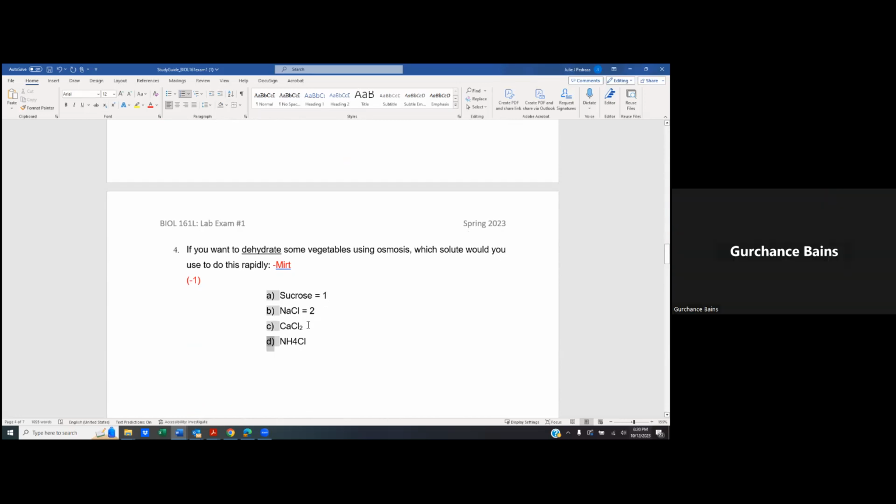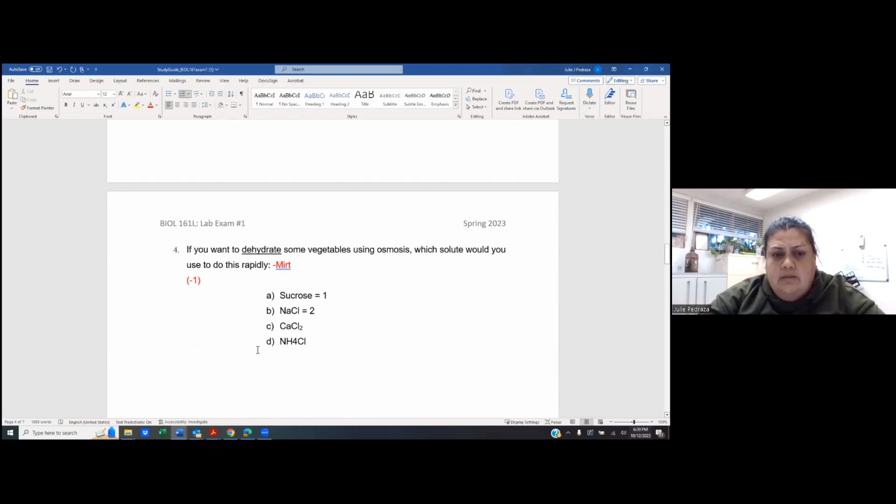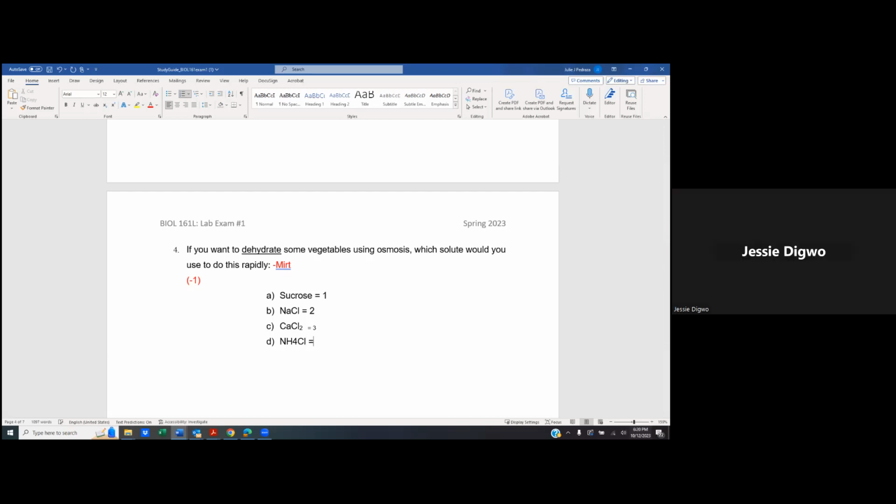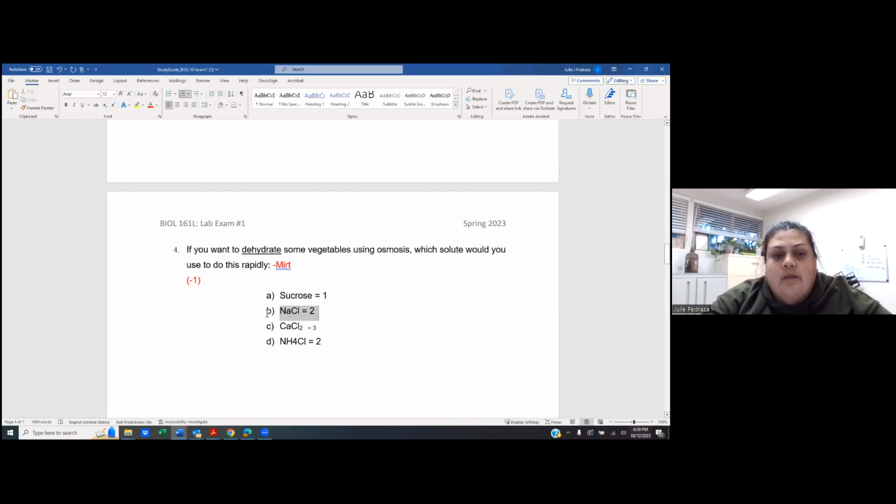Yep. And then what about ammonium chloride? 2. Okay. So cool thing is we can already rule out these two, right? We don't even have to calculate these two because they're both the same ion numbers, and where they're both the same, we don't really know that they can't both be the answers, right?